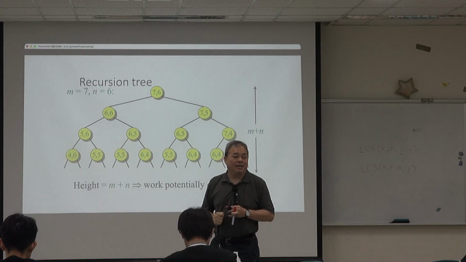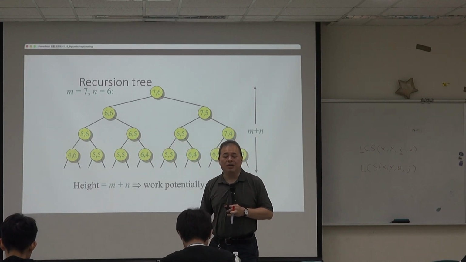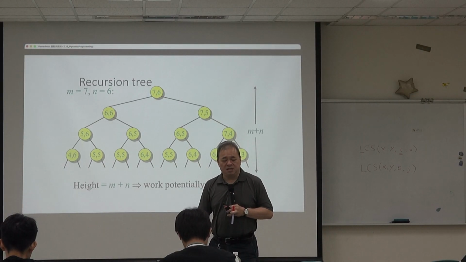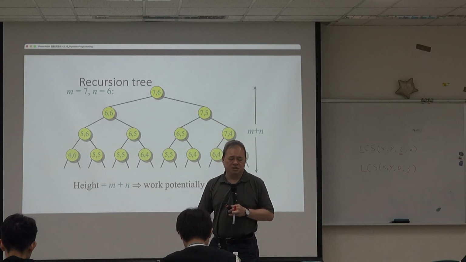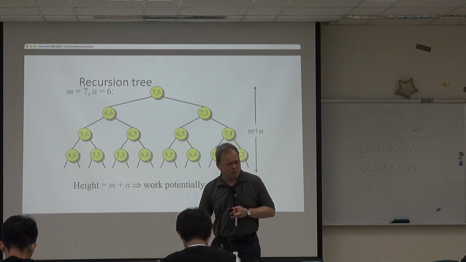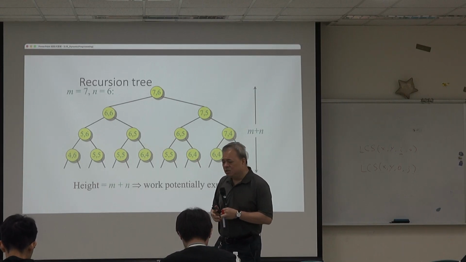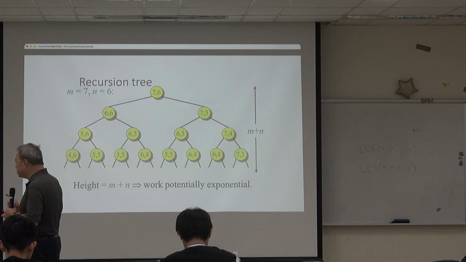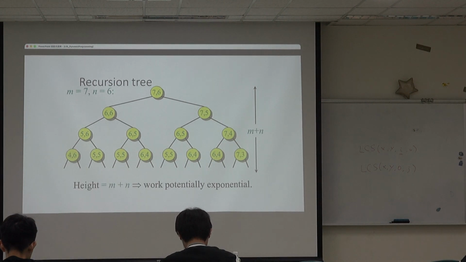So that's bad. As I said, we don't like something with a higher power, not to mention exponential. We just don't like that. So this is bad. But don't lose hope. If you examine more closely, you will find something that you are able to take advantage of.